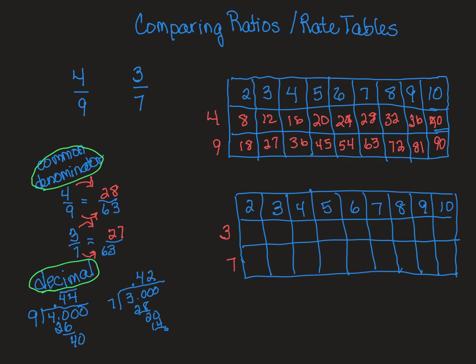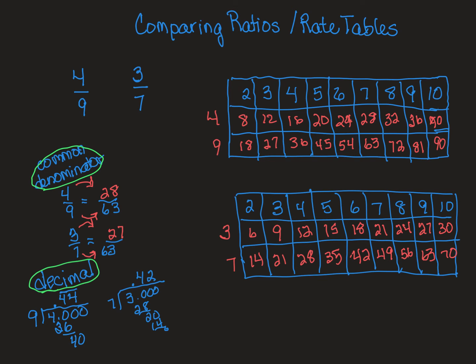So for 3 to 7: 2 times 3 is 6, 14; 9, 21; 12, 28. 5 times 3 is 15. 5 times 7 is 35. 3 times 6 is 18. 7 times 6 is 42. 3 times 7 is 21. 7 times 7 is 49. 3 times 8 is 24. 8 times 7 is 56. 9 times 3 is 27. 9 times 7 is 63. 10 times 3 is 30.